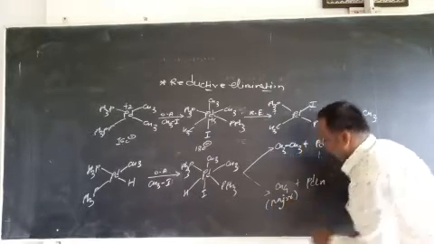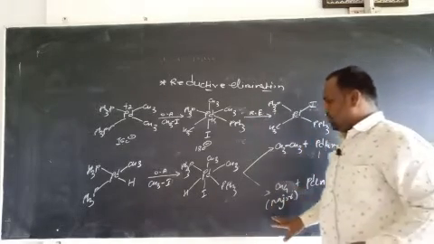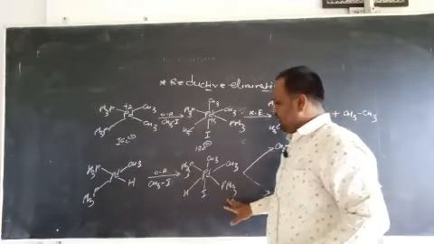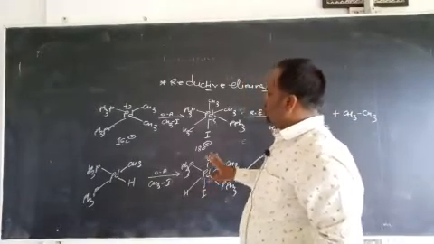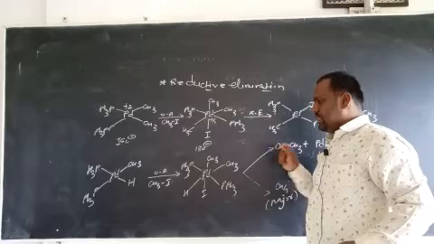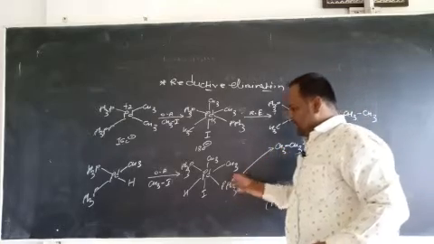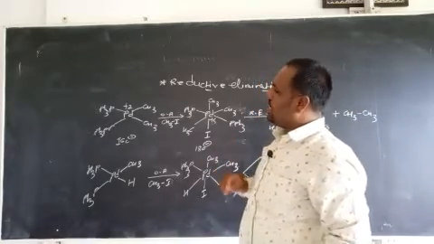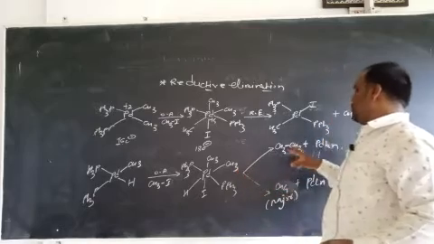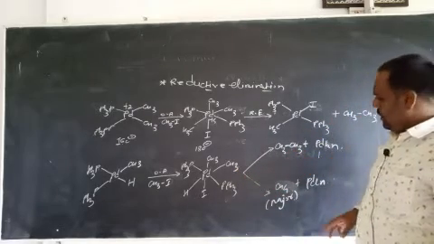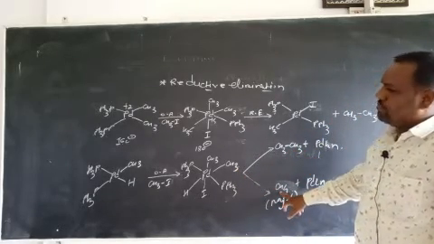So why do we get methane as a major product? Because in the transition state, the sigma bonded complex which is formed has a lower activation energy as compared to the ethane molecule. Therefore, the major product is methane.